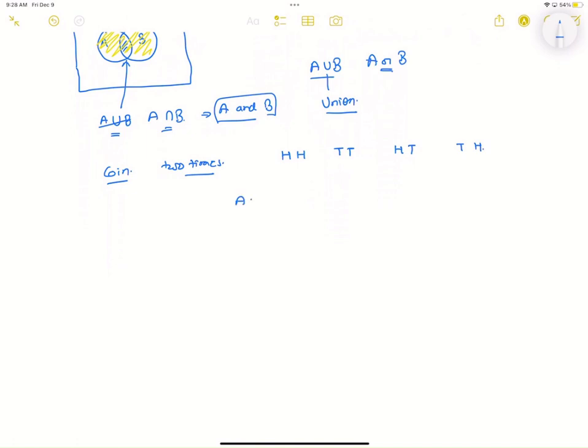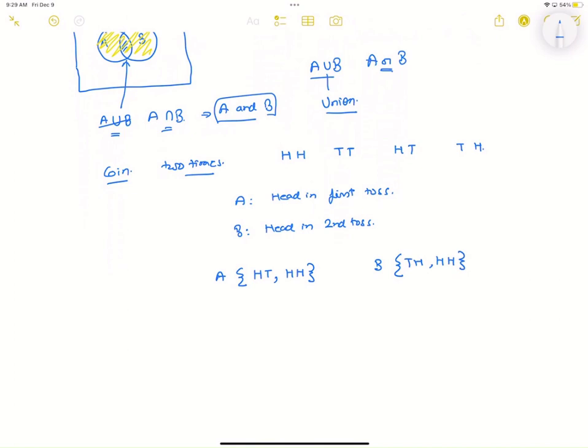Event A is that you get a head in the first toss. Event B is that you get a head in the second toss. Event A's possible outcomes are head-tail and head-head, while event B's possibilities are tail-head and head-head.